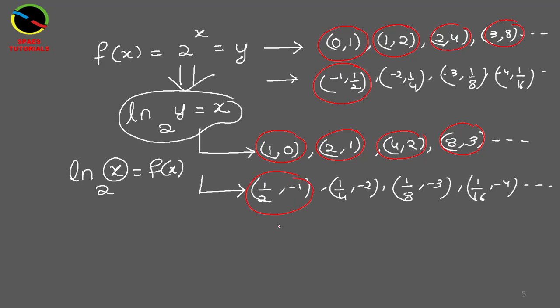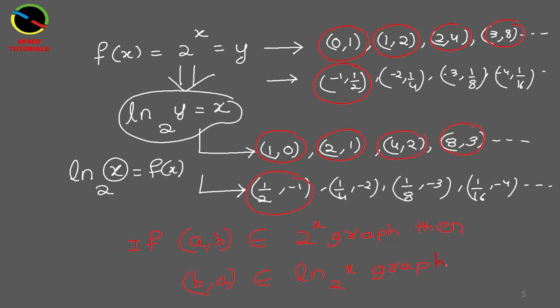So we can understand that if the point a comma b belongs to the 2 power x graph, then the point b comma a surely belongs to the log x base 2 graph.